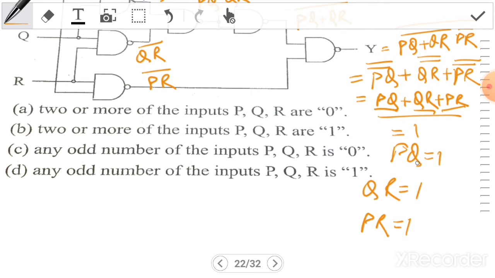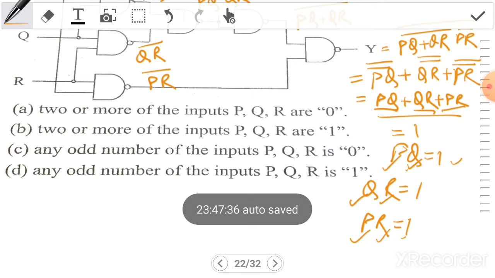For PQ to be 1, P and Q both are 1. For QR to be 1, Q and R both are 1. For PR to be 1, P and R both are 1. So if any of these three products is 1, then output is 1.